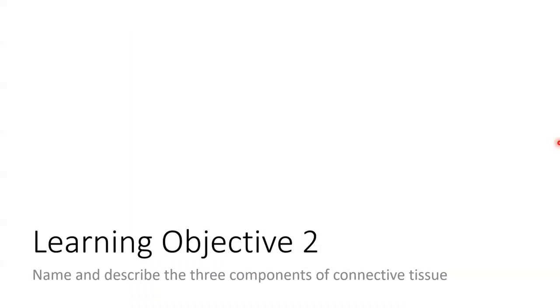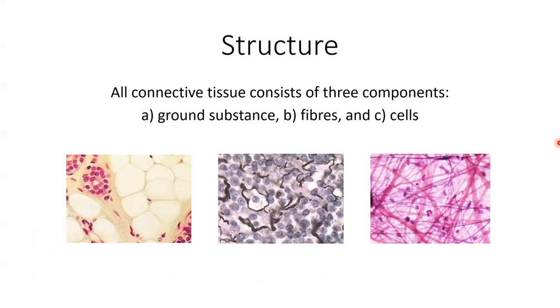So our second learning objective is to name and describe the three components that make up all of the connective tissue, except for blood. So there's always an exception. This exception is blood. So the three components that make up all connective tissue, except for blood, are ground substance, protein fibers, and cells.